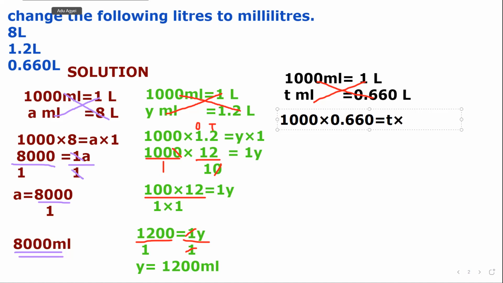The 1, the coefficient, because when you do the cross multiplication, that is how it's going to be. And therefore, once the decimals are multiplied by the 1000, you need to change the decimal to what? To the fraction.